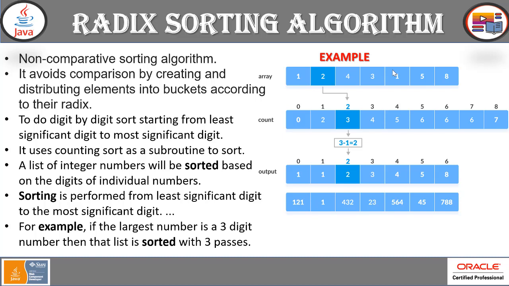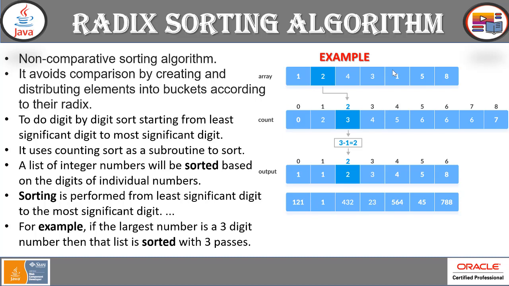In Radix sorting, we create a small bucket or a pot where we keep the numbers, distributed based on their radix. That's what non-comparative sorting means. So it avoids comparison by distributing elements in buckets according to their radix.